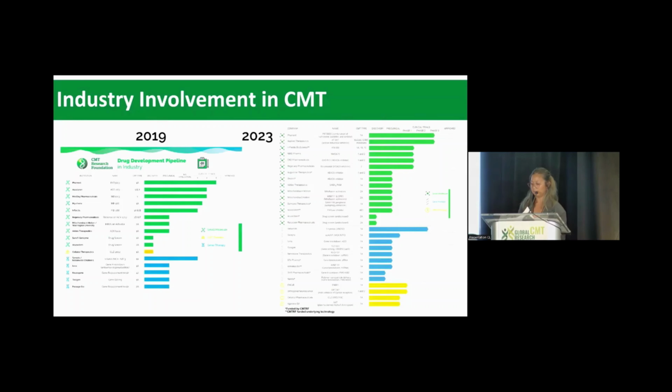And this year, there are 28 total projects in the pipeline, and we funded 9 CMT Research Foundation funded projects. So I think we're just going to keep growing. We want to keep accelerating, and we want to get there faster, and we want to be able to interact with everyone in the ecosystem.